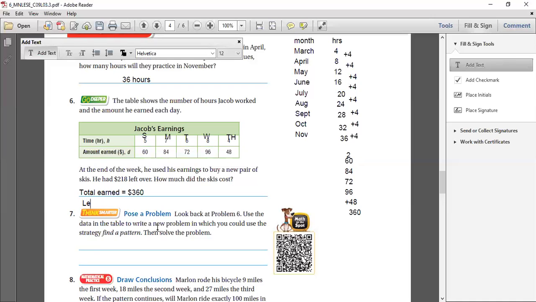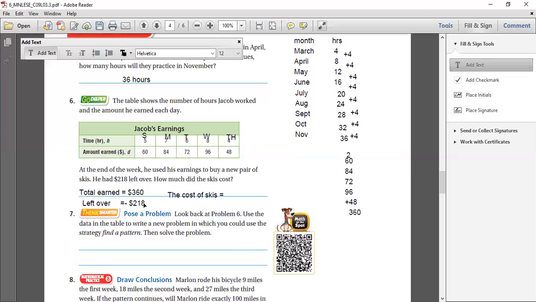So how much money does he have left over? He has $218. We are going to subtract them, right? Let's subtract them. Now you can write it here and do it, but I'm doing it manually. So the cost of skis is equal to how much? 0 minus 8.